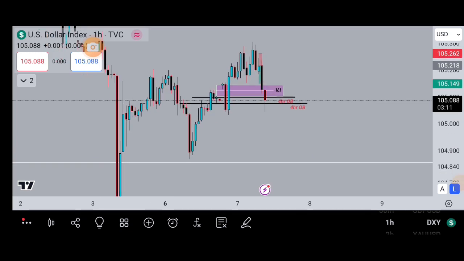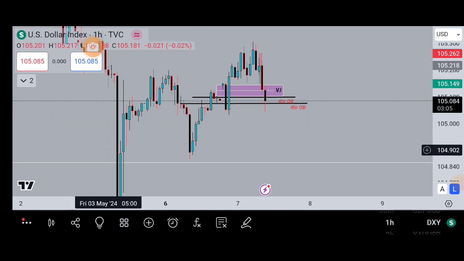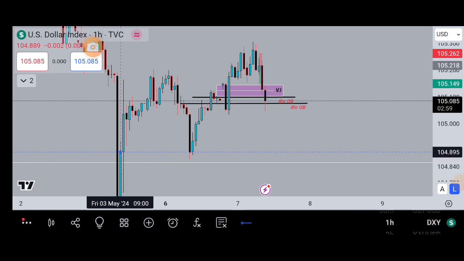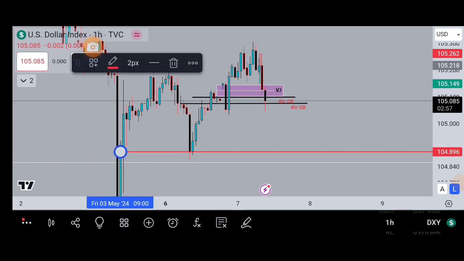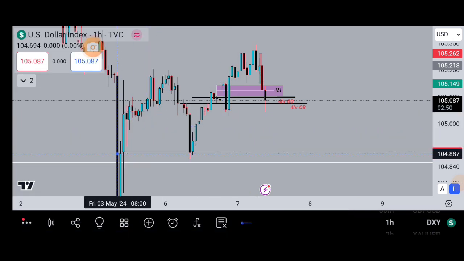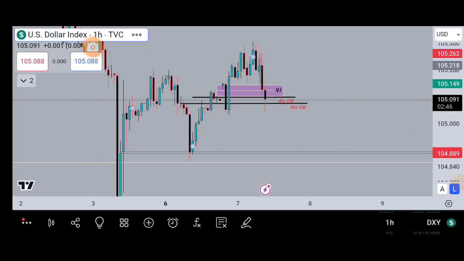So you can see the market rallied lower into this small volume imbalance. We have this small volume imbalance between that candle's open and these candles' close. You can see how the bodies were respecting this volume imbalance, right?